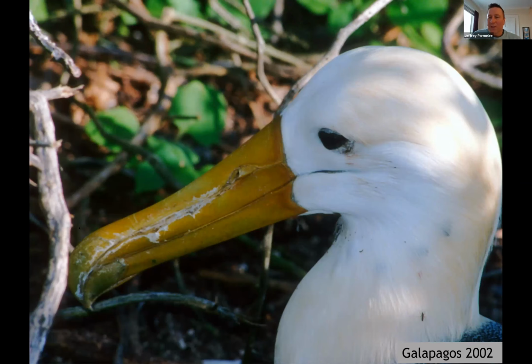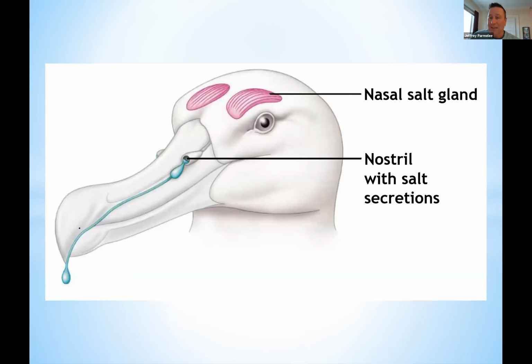And they never drink fresh water. They eat fish, and so they accumulate a lot of salt, right? And so they have a salt gland to get rid of salt. And Galapagos iguanas do this too.